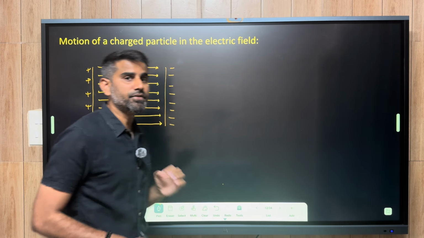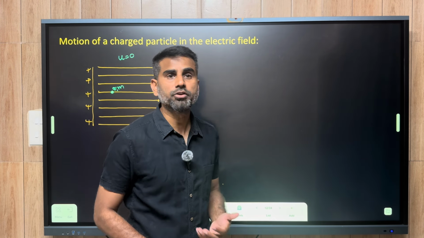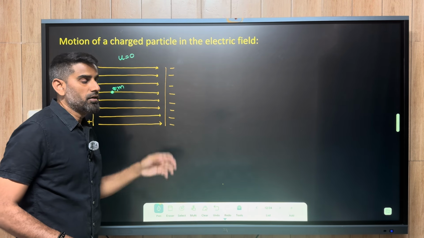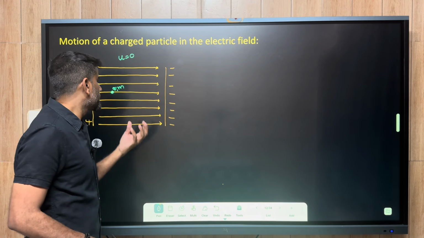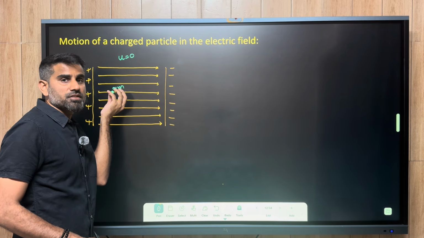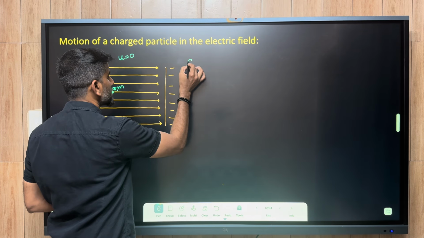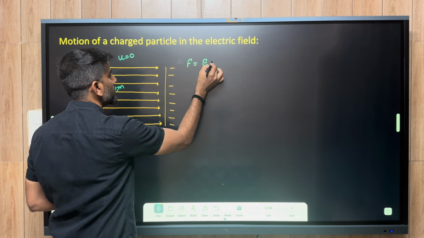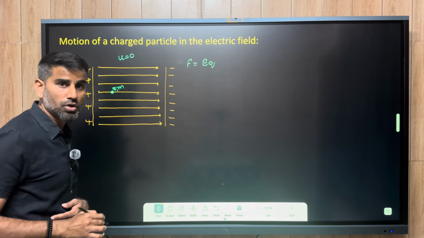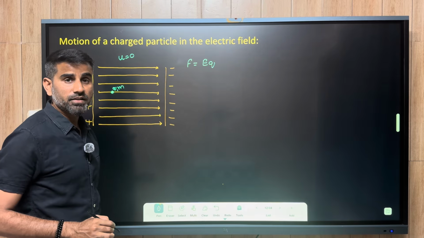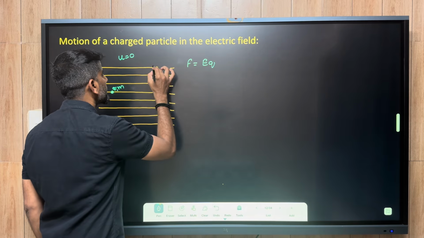Now what exactly will the field do? This electric field generates a certain amount of force on the charged particle. That force on the charged particle, F is equal to Eq, where E is nothing but the electric field.